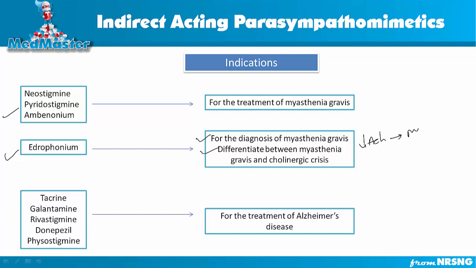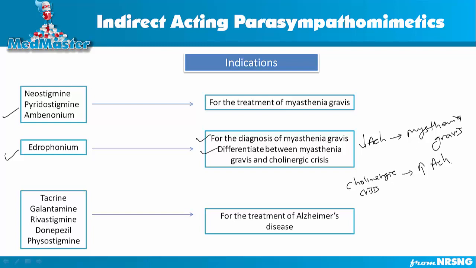And in cholinergic crisis, it will be an increased level of ACh, right? Now this drug is particularly used for the diagnosis, to differentiate, because the signs and symptoms of myasthenia gravis and cholinergic crisis are the same. So from the signs and symptoms, you cannot differentiate if this patient is having a cholinergic crisis or myasthenia gravis.